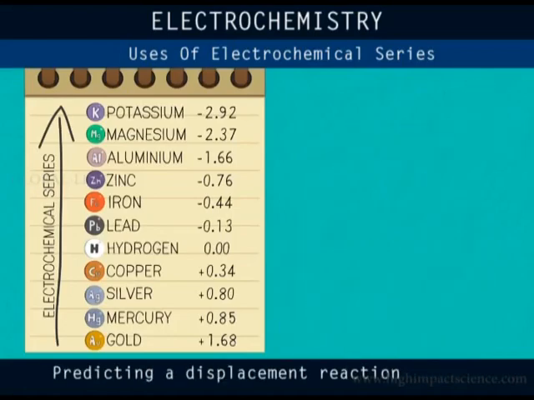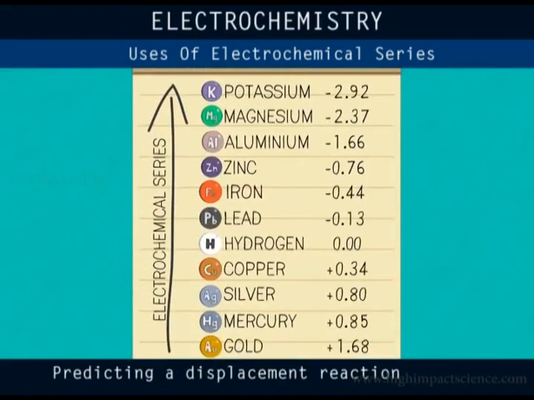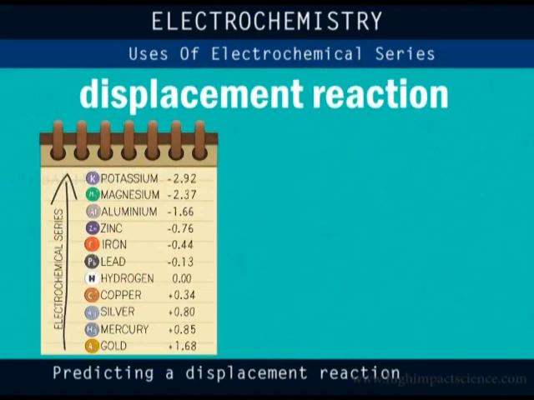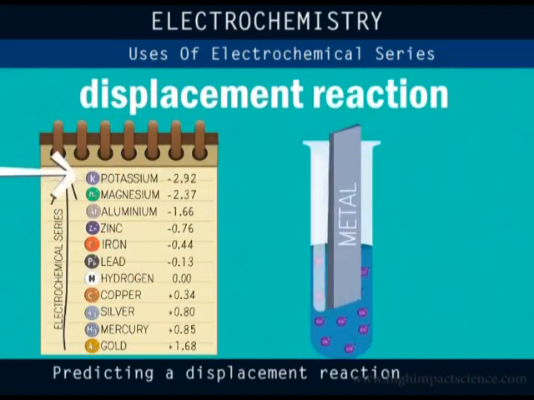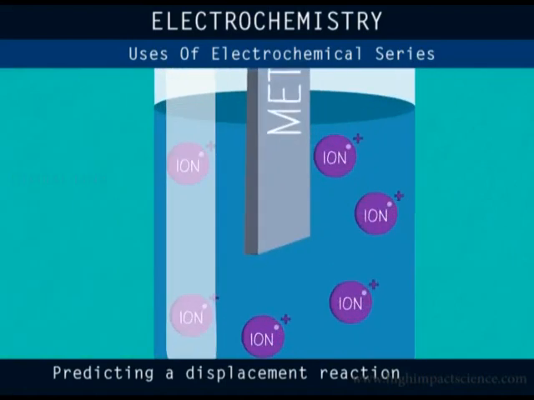Just like the reactivity series, we can also use the electrochemical series to predict a displacement reaction when a metal higher in the electrochemical series is mixed with ions of a metal lower in the series. The atoms of the more reactive metal push their electrons onto the ions of the less reactive metal.